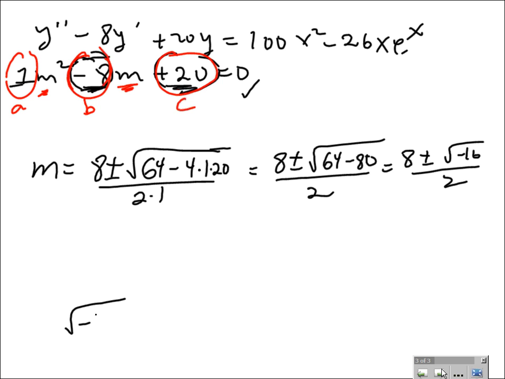The square root of negative 16 is the same thing as the square root of one number times the square root of another, two numbers that multiply out to negative 16, where not both numbers are negative. 16 and negative 1. The square root of 16 is 4. The square root of negative 1 is i.